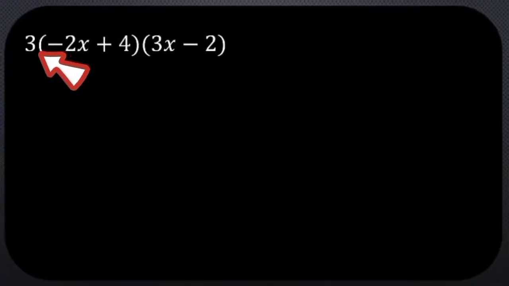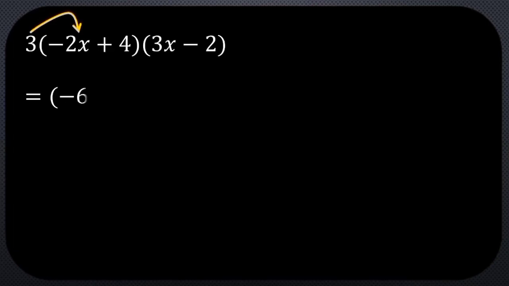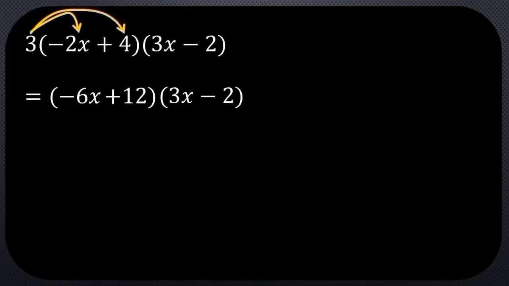Let's first distribute the 3. 3 times negative 2 is negative 6. Times x is negative 6x. 3 times 4 is 12. Negative 6 times 3 is negative 18.